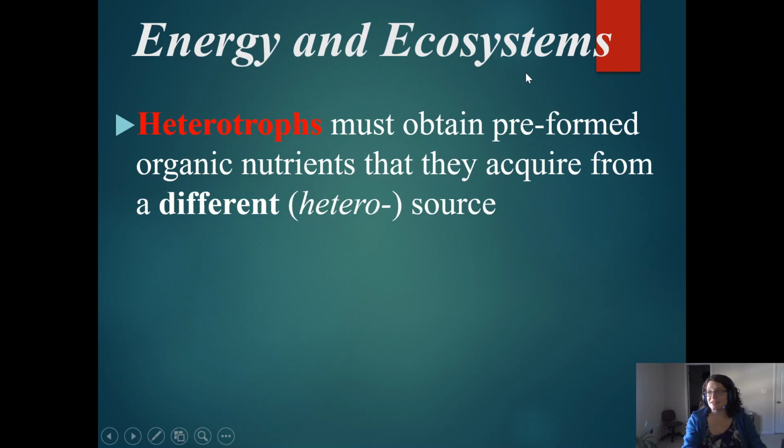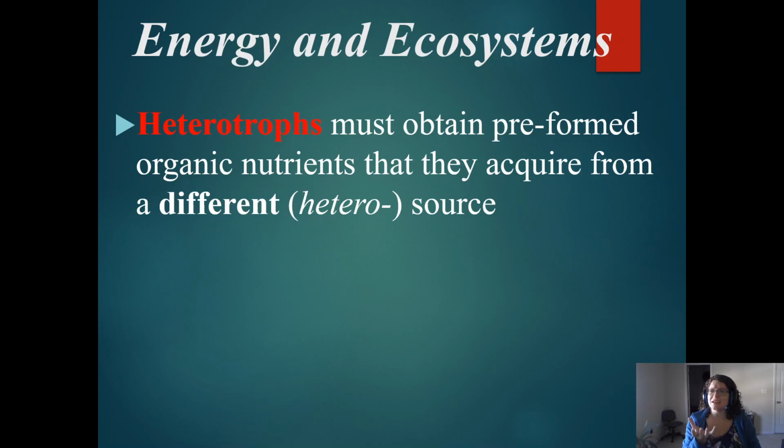The other kind of troph is a heterotroph. They must obtain preformed organic nutrients, okay? We are all heterotrophs. I can't make my own food. I obtain food from other things, okay? So I just had my breakfast, and it included a bagel with cream cheese.